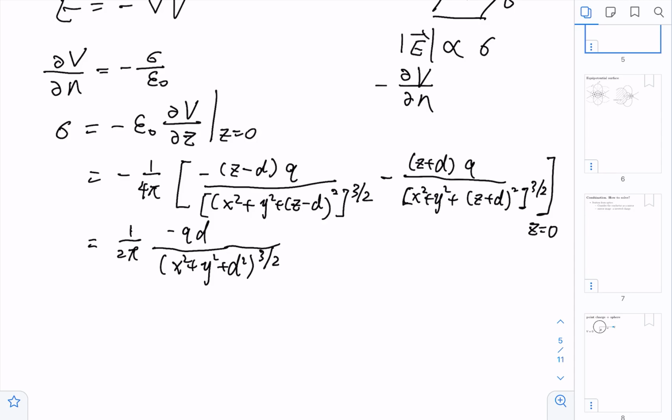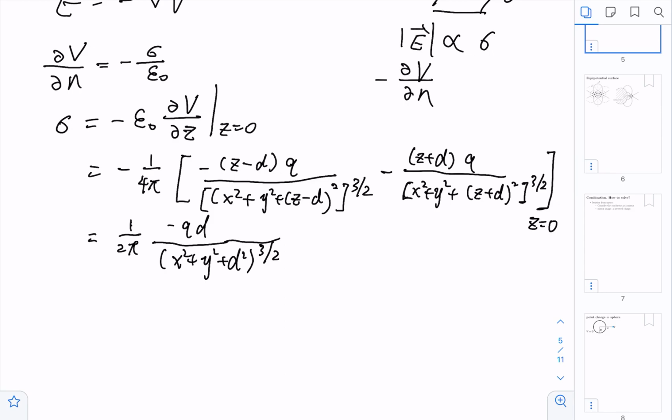We think that when there is a point charge here and there is a conductor below, then this point charge will attract the most negative charge right below this charge itself, and as you go slightly away from this point charge, the charge density decays, and how it decays is according to this expression.